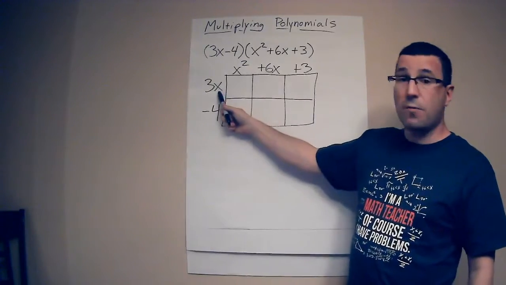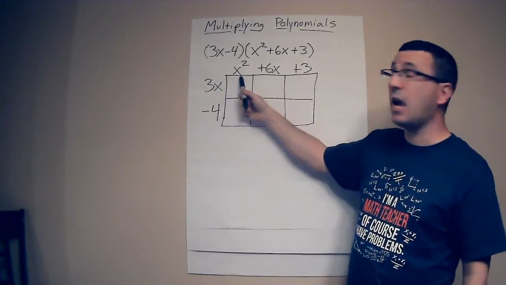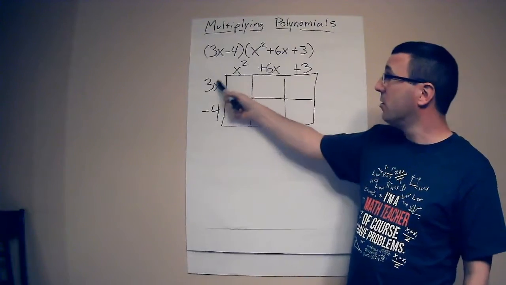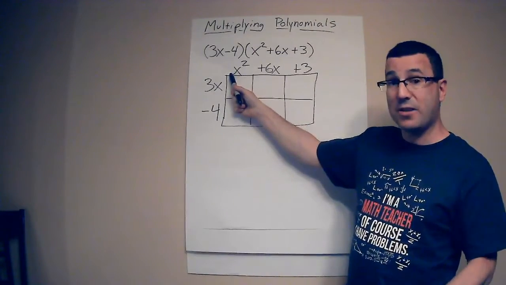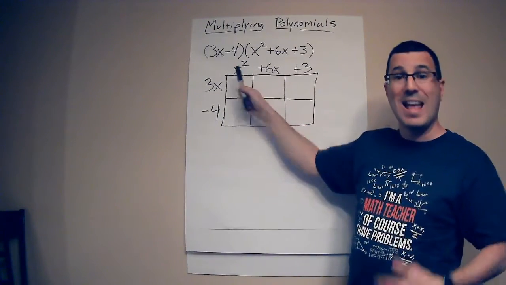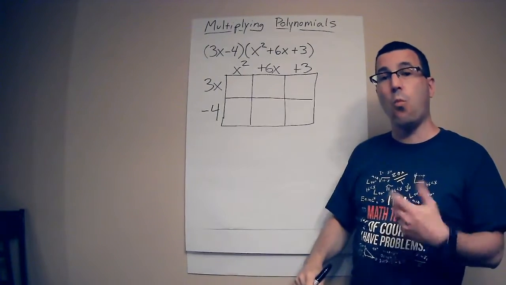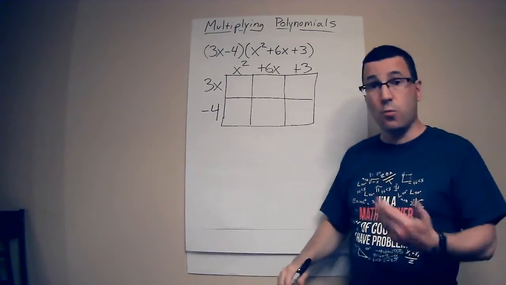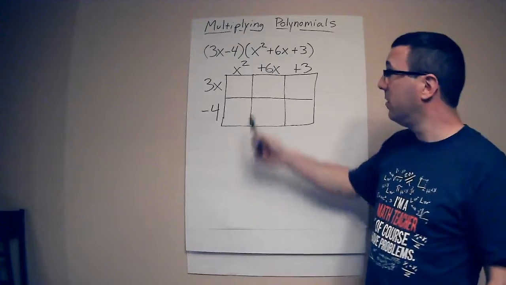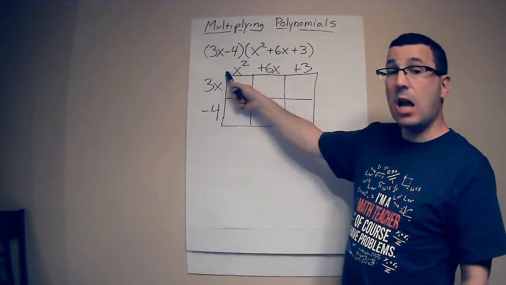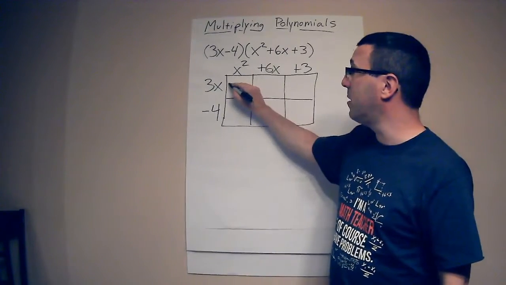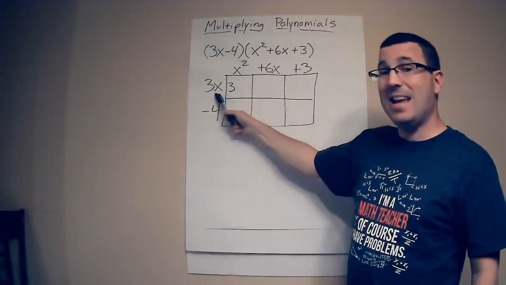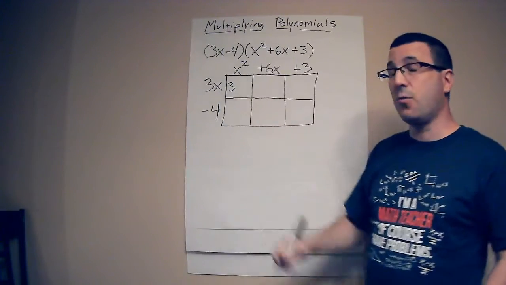So I'm going to start off here, 3x times x squared. Again, I have to remember when I have an x squared and no number in front of it, I have to assume that it's a 1, because 1 times something is just that thing. So I'm going to go 3 times 1, which gives me 3. And then I have x times x squared.